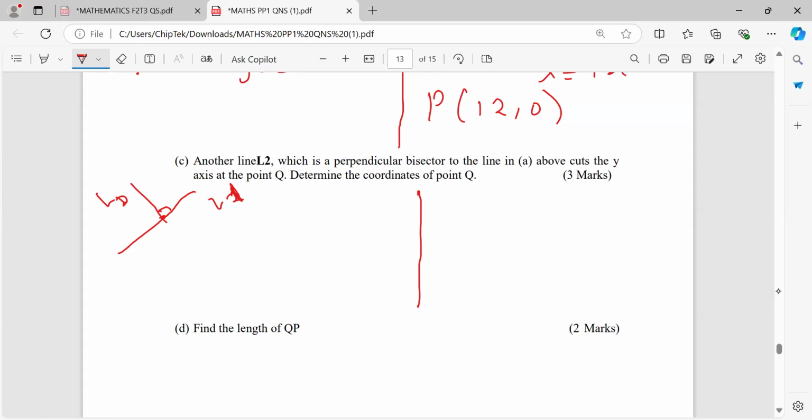So it cuts the y-axis at point Q. Let's say umechora ikafika hapo kwa Cartesian plane ikakata y-axis. So in short hiyo Q ni y-intercept. Sawa. So let's find mwanzo equation ya L2, which is also simple.